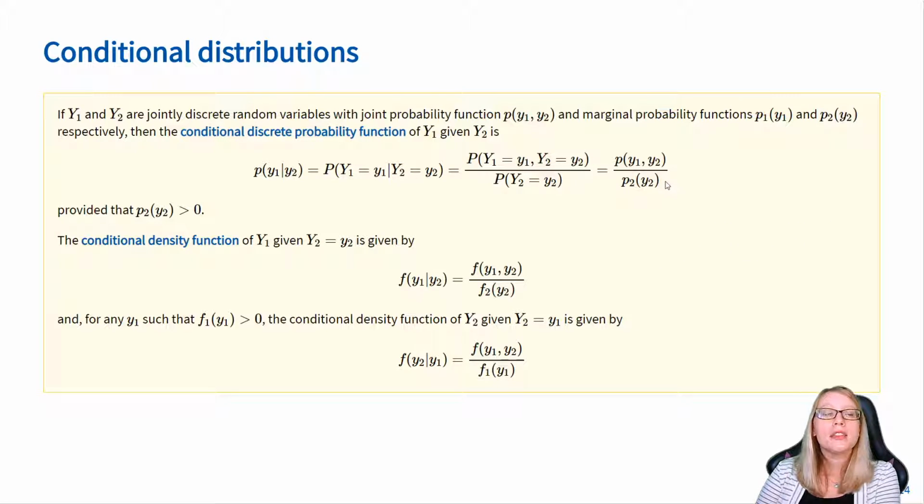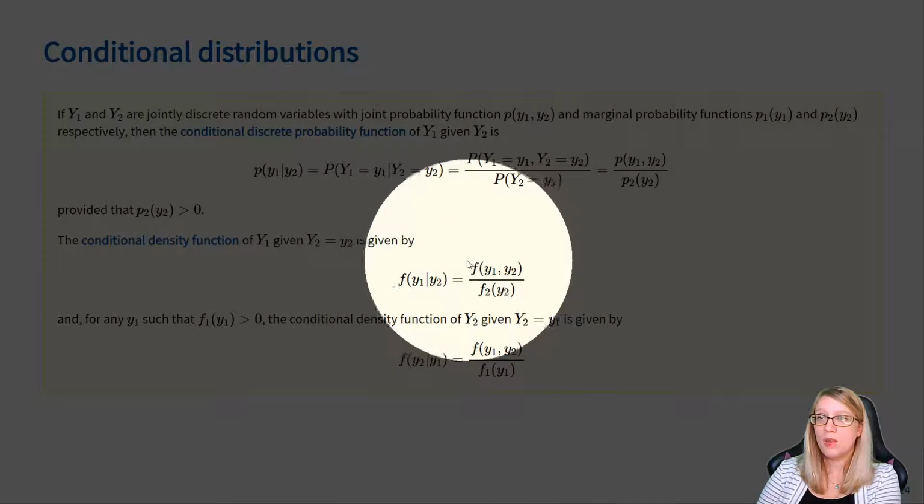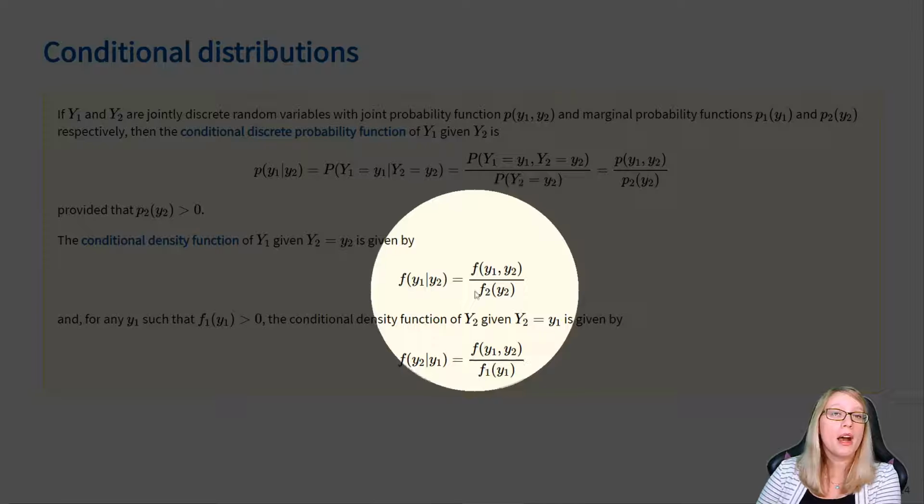So to get the conditional distribution of y1 given y2, we'll take the joint distribution divided by the marginal distribution of y2. Same thing in continuous space. In order to get the conditional density function of y1 given y2, we'll take the joint distribution f of y1 and y2, divide by the marginal of y2.